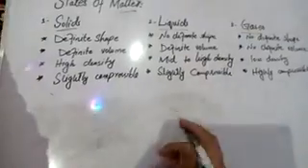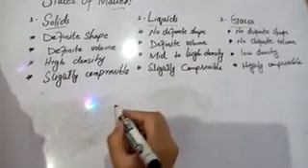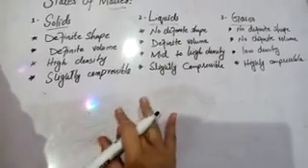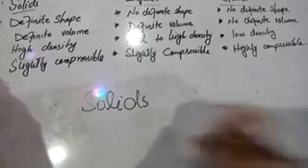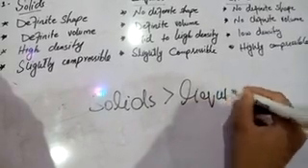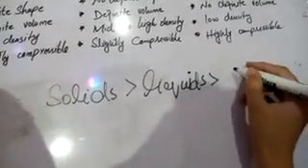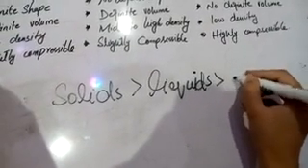So I can write the density arrangement like this: solids are more dense as compared to liquids, and liquids have greater density as compared to gases.